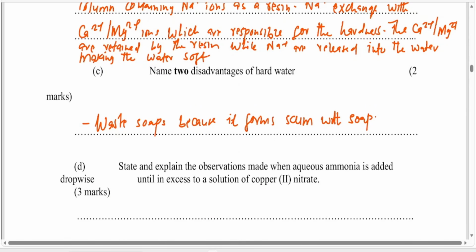You can also say it forms scale in pipes and boilers, reducing their efficiency. It forms scale in pipes, especially those pipes that transport hot water, and boilers, leading to their blockage.